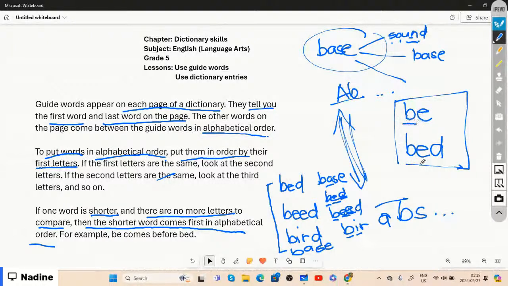The first letters are both B. Now we go on to E. Both of these letters are also E. But now be is only BE, but bed has got BED. So that means that be will be before bed, because the shorter word comes before the longer word.